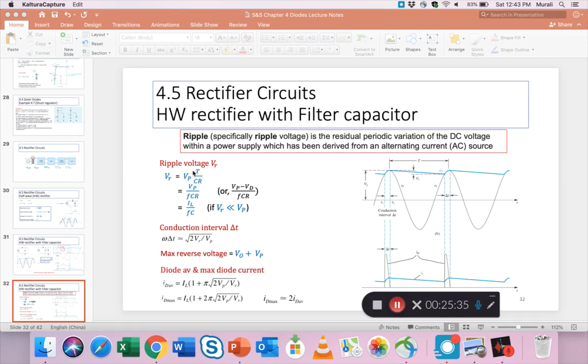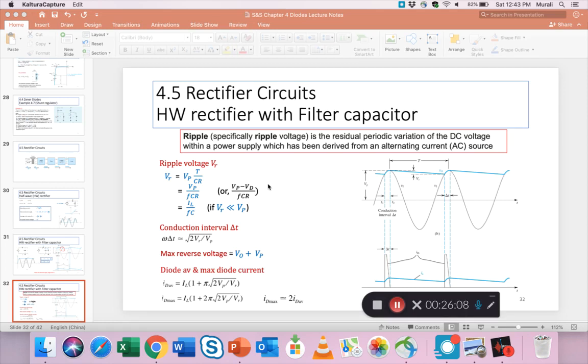So ripple voltage, there are some formulas for exactly what the ripple voltage is, and these are all derived in the chapter, so please pay some attention. You'll notice that the ripple depends on R, C and F, all these factors that we are familiar with, the resistance, the capacitance, the frequency, and also Vp, which is that peak voltage. Sometimes that Vp is written as Vp minus Vd, the diode voltage.